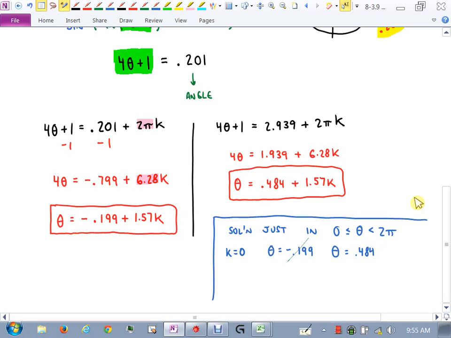And now I let k be 1 and do it again. If k is 1, you're going to take 1.57 and basically subtract 0.199 and get theta is 1.371. That's from the first one. And then over there, let k be 1.